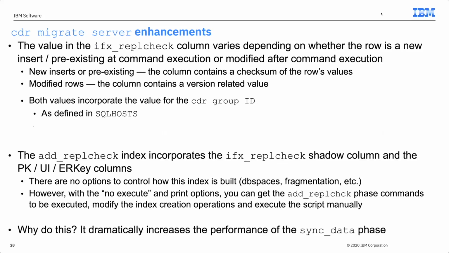And this is particularly helpful in dynamic migrations because it allows us to check and verify whether the row on the target precisely matches what's on the source. The reason is that the value in that shadow column can either be a globally unique ID or a version number of the row, if that row has been changed while the whole CDR migrate server process is in action.